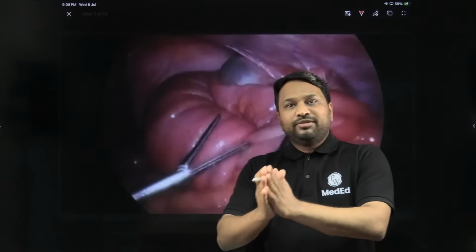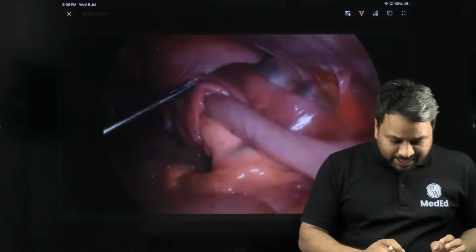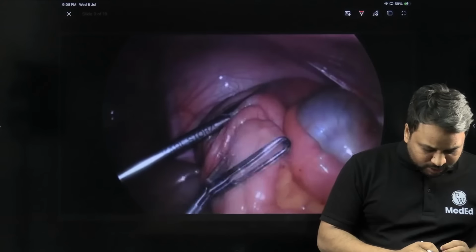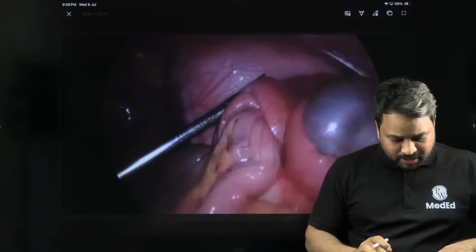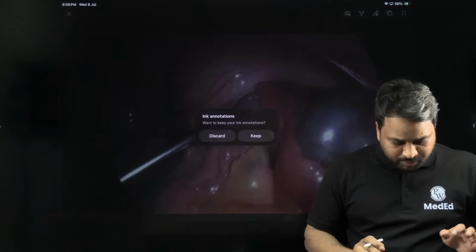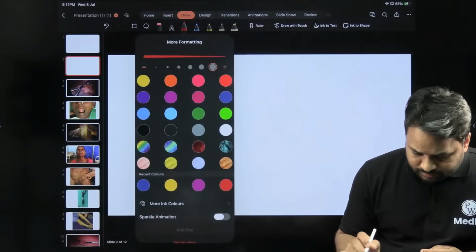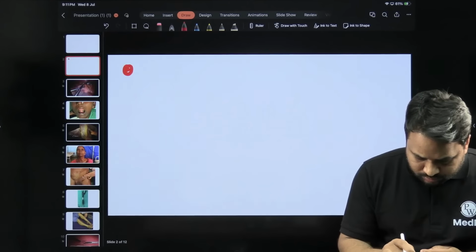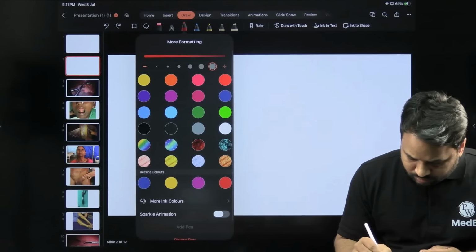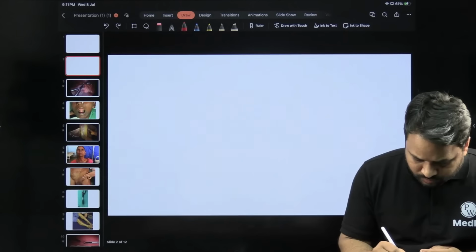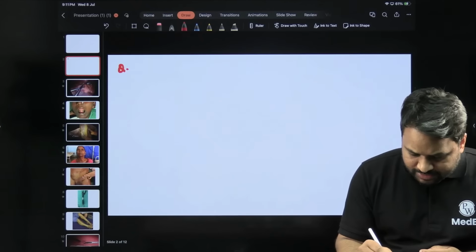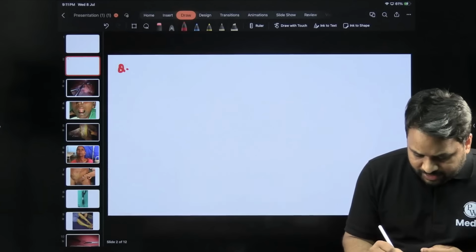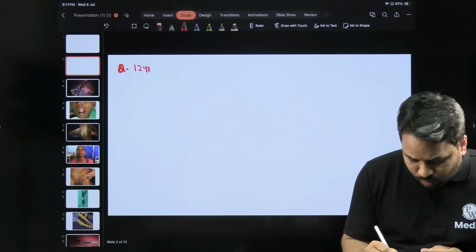Now this is how the video or the question is going to play out. Absolutely correct, the answer to this question is going to be option B. As the question suggested, we had a 12-year-old boy.